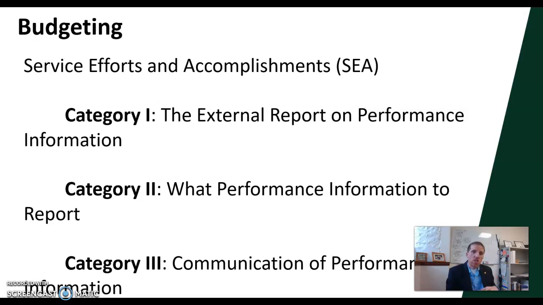We're sharing that out, and then what performance information to report on. What is it that we're actually sharing around our performance indicators? And then communication of performance information. There are some example reports in the chapter reading, so I invite you to peruse through that.